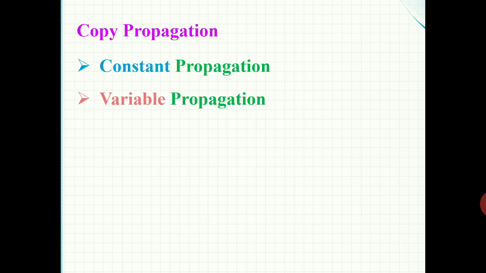So there are two classifications of copy propagation: constant propagation and variable propagation. Propagation means we are substituting the values. Constant propagation is the process of substituting the values of constants in the expression at compile time.